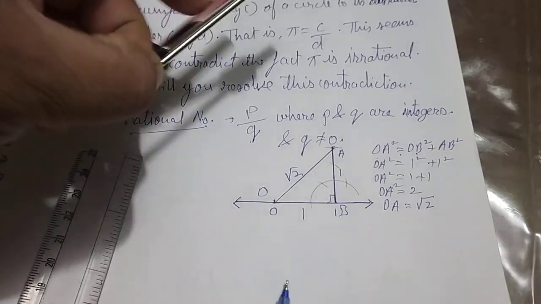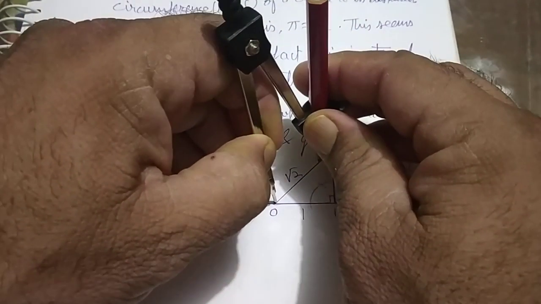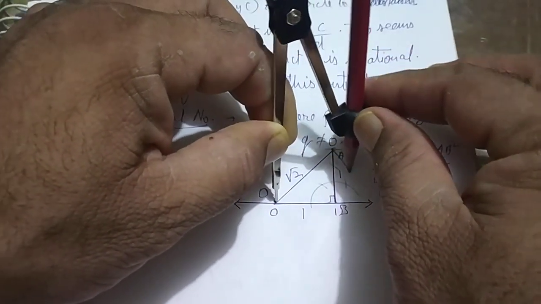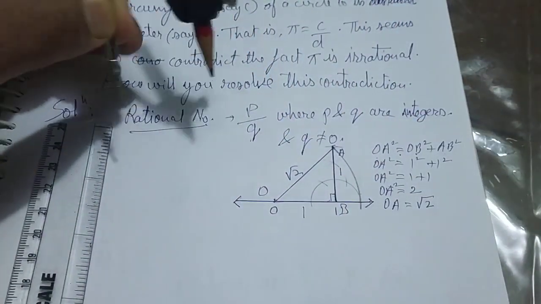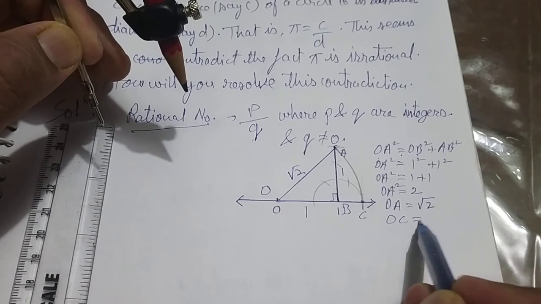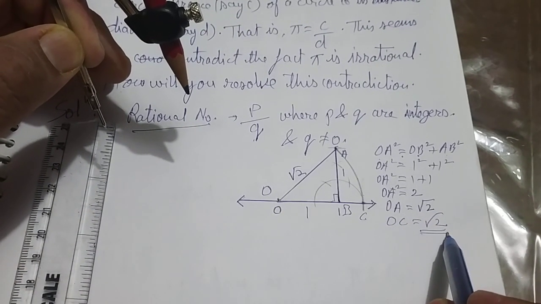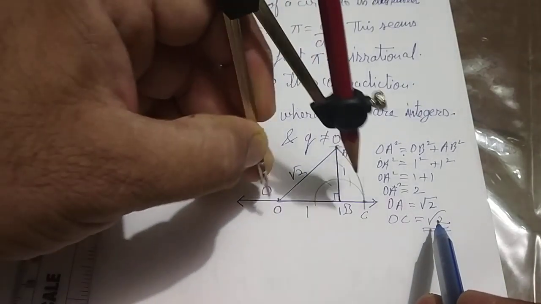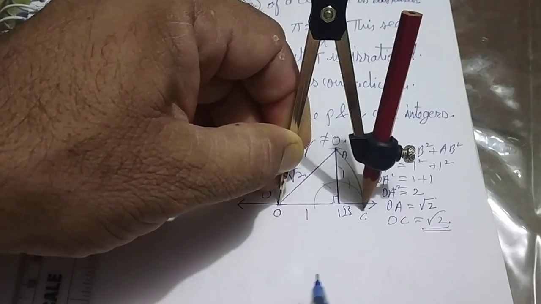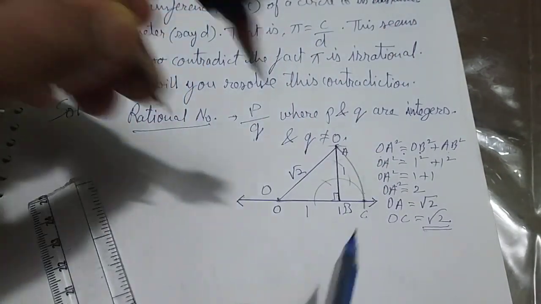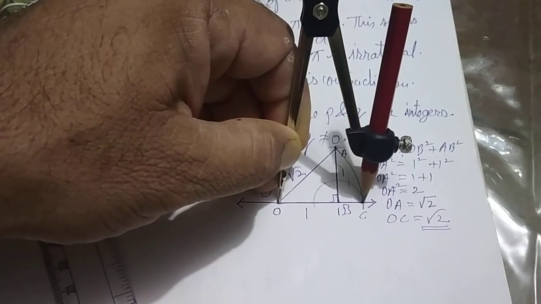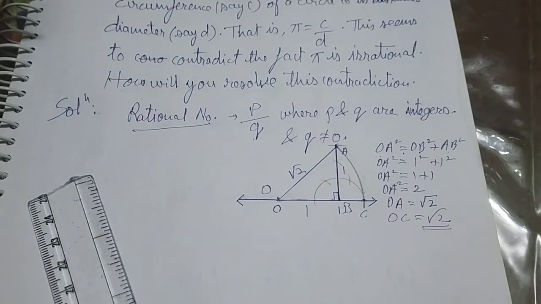Now I can measure this length in my compass like this and bring it down like this. So this length from this O point to, let this point be C, OC is root 2. Root 2 we know is an irrational number. Let me mark these 2 points. This is root 2. Now this root 2 cannot be measured on a scale.